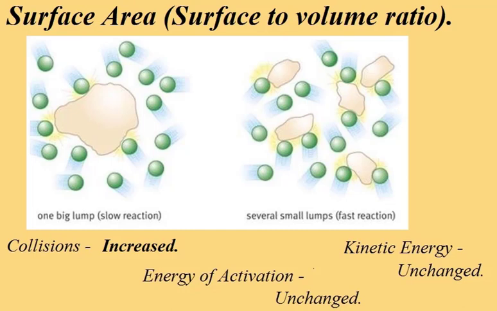Same volume of chemical, but more chemical exposed at the surface. We should see an increase in the number of collisions and therefore an increase in the rate of the reaction. No change in the energy of activation, no change in the speed of the molecules. That only normally happens with a change in temperature.